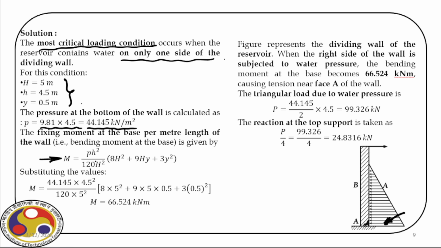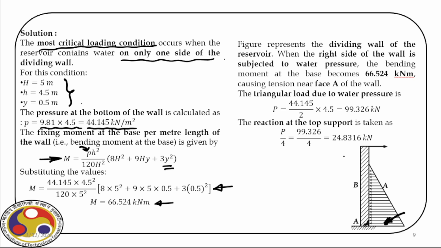If we put in the respective values, the pressure 44.145, small h is 4.5, capital H is 5, and y, the freeboard, is 0.5, we get the moment at the bottom as 66.524 kilonewton meter.